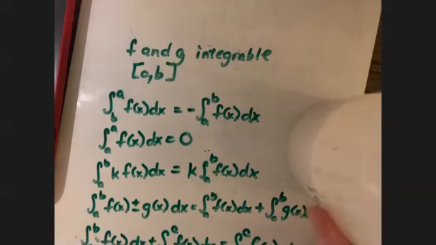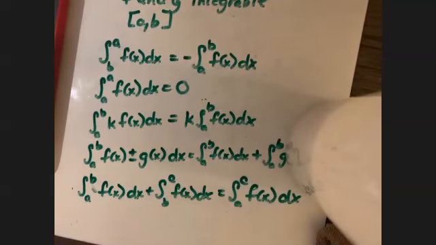I'm going to move up so you can see that. Here is the one about handling a finite number of jump discontinuities. If I'm going from A to B, and then I go from B to C, and again, assuming we're integrable on B to C, then that's also from A to C.